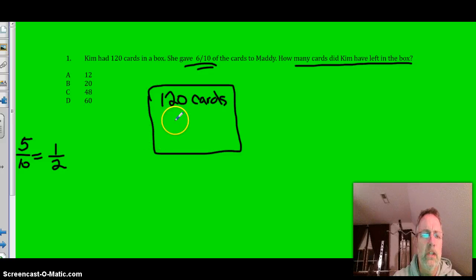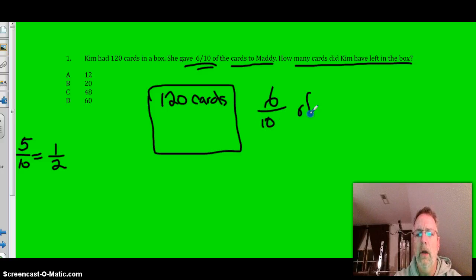So we know that half of those cards would be 60, and she gave a little more. She gave more than 60 cards to Maddie. So let's find out what that is. We're going to find 6/10 of our 120 cards.